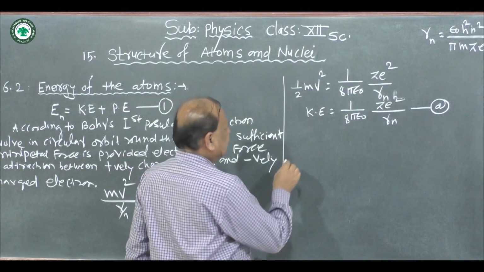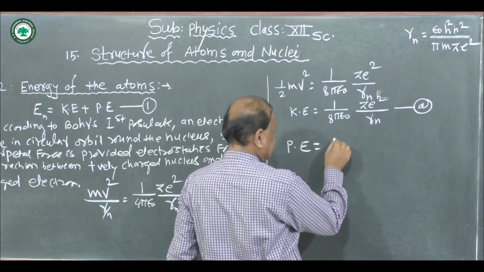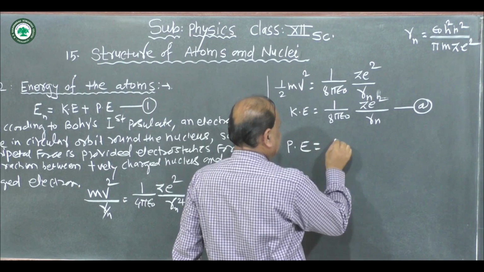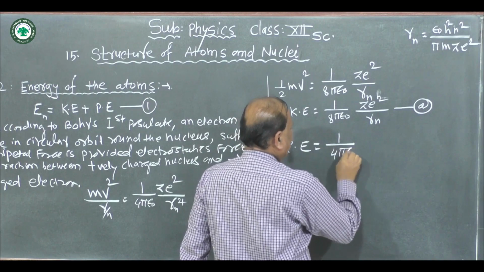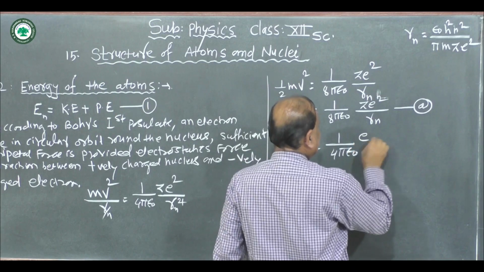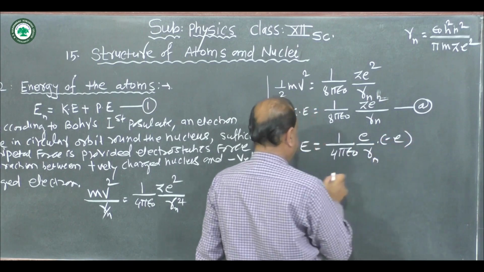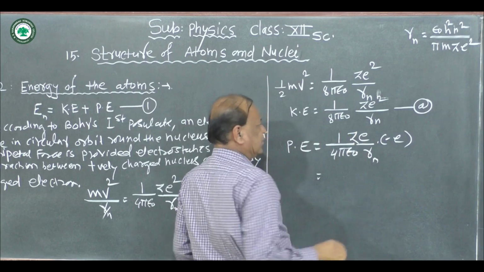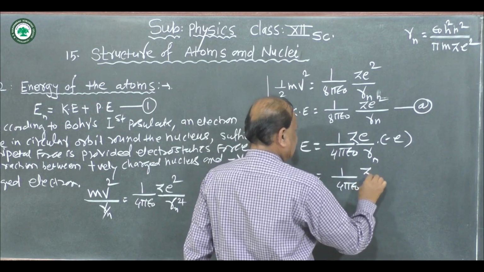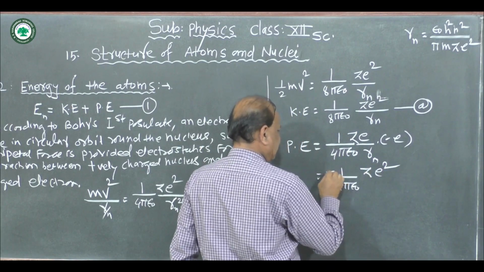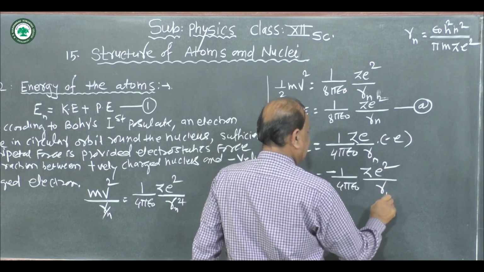Similarly, we can obtain the potential energy. The potential multiplied by the charge: the potential is 1 upon 4 pi epsilon 0 times the charge e, divided by Rn, and the charge is minus Ze, so the total is minus Z e square divided by 4 pi epsilon 0 Rn.